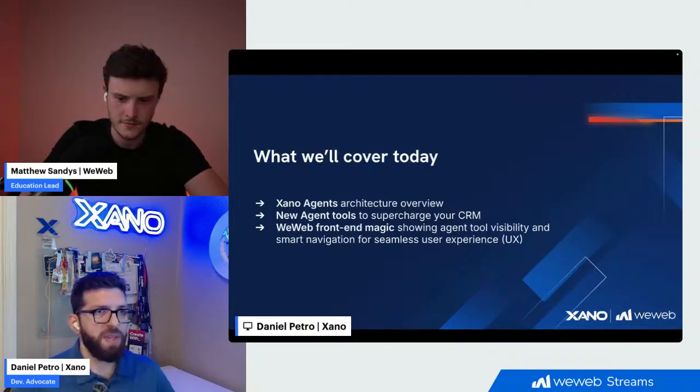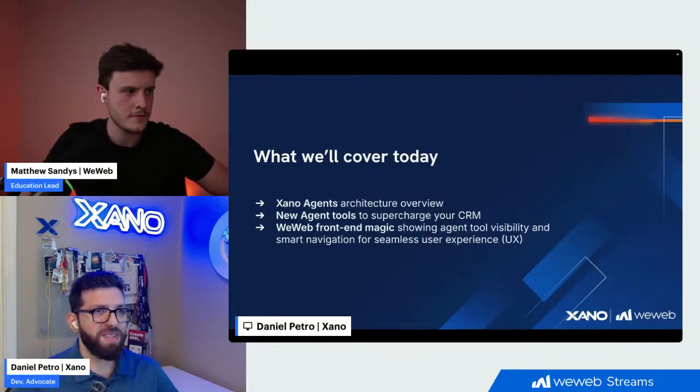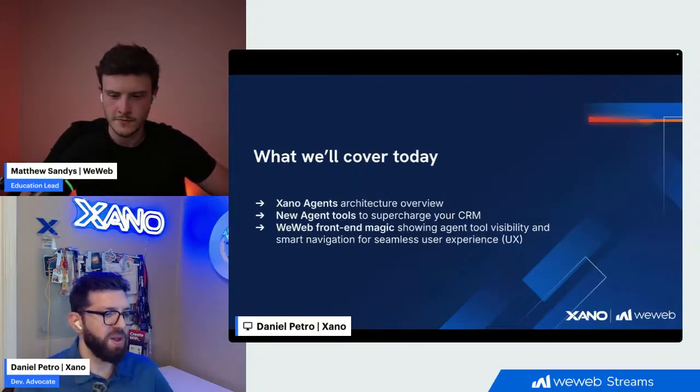And on the WeWeb side, we're going to really show you some awesome user experience things that you can do by showing you the agent tool visibility like we had discussed in part one, and smart navigation, some other cool features. So I'm going to pass it back to Matthew right now. He's going to give you a quick demo of what we're going to walk through and build out.